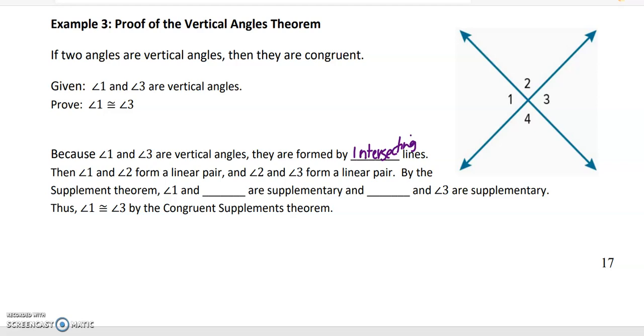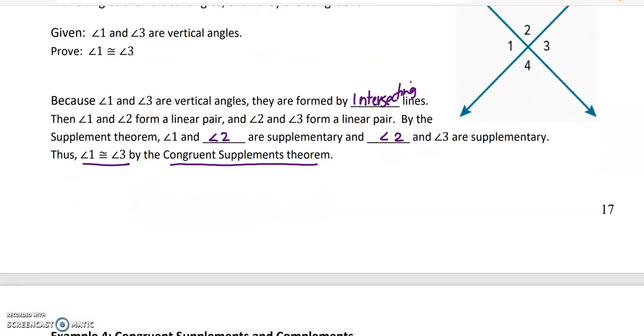So since angles 1 and 2 are supplementary and angles 2 and 3 are supplementary, then 1 and 3 would have to be congruent by the congruent supplements theorem. Since they are supplementary to the same angle, angle 2, they are congruent.